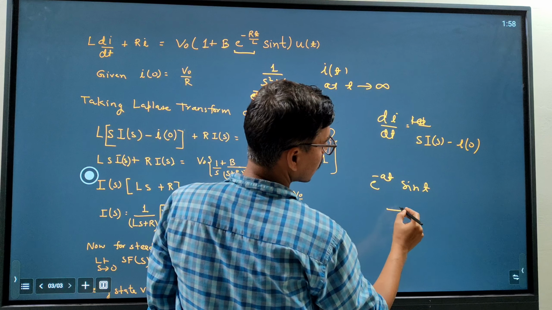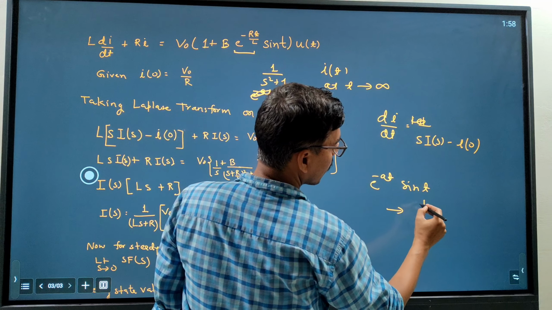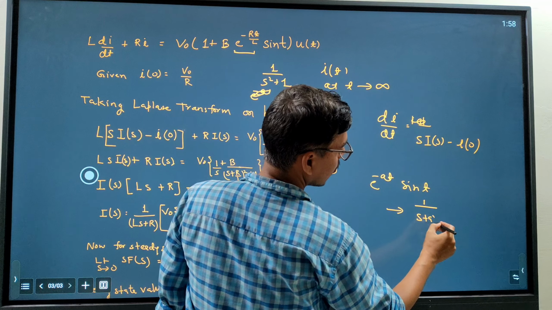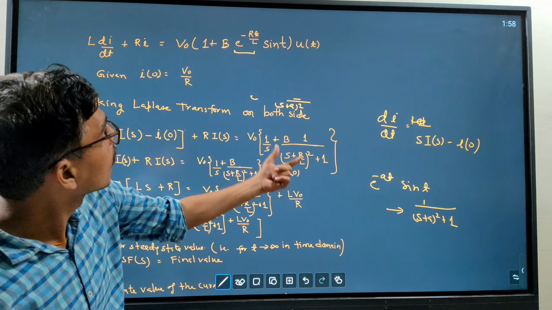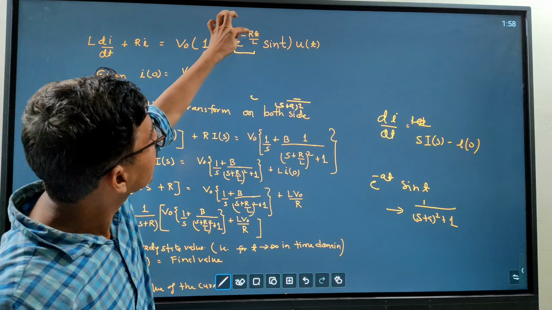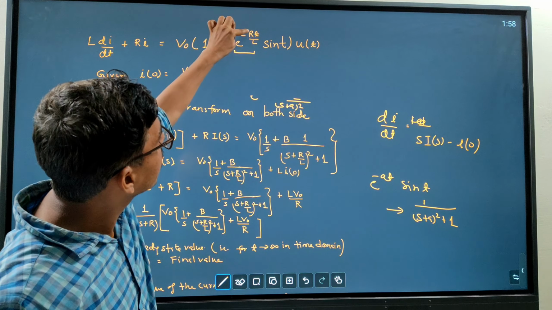the Laplace transform of this is 1 by (s plus a) whole square plus 1. So this factor is there. I have written it separately. Instead of a it is R by L, so s plus R by L whole square.